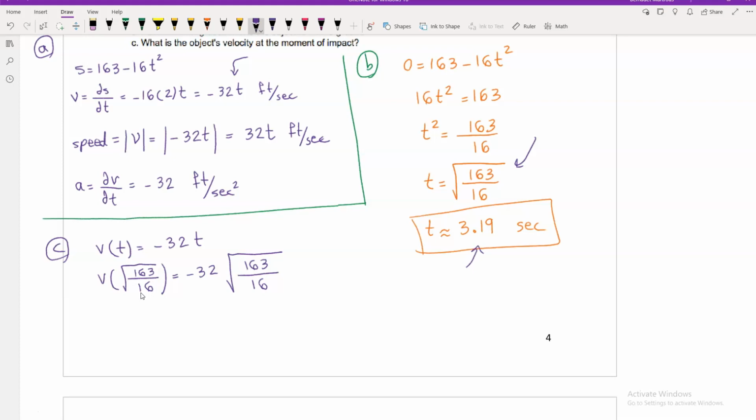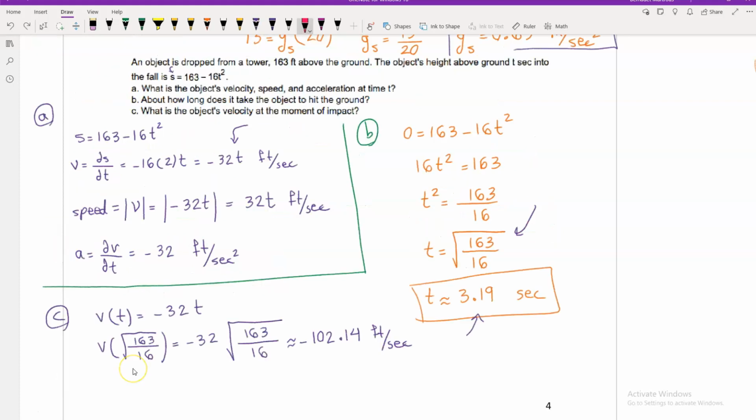So I decided to use the square root of 163 divided by 16 and find the answer based on that without rounding t. So here I rounded the answer to two decimal places, and that is a negative number, so it's negative 102.14 feet per second. Remember that speed was the absolute value of velocity, and here having this negative number means it's going downward at 102.14 feet per second when it hits the ground.